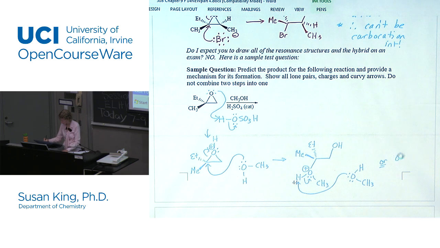So both of those would be okay to use as bases to deprotonate. And then usually we only show one product here. CH3, we're good.